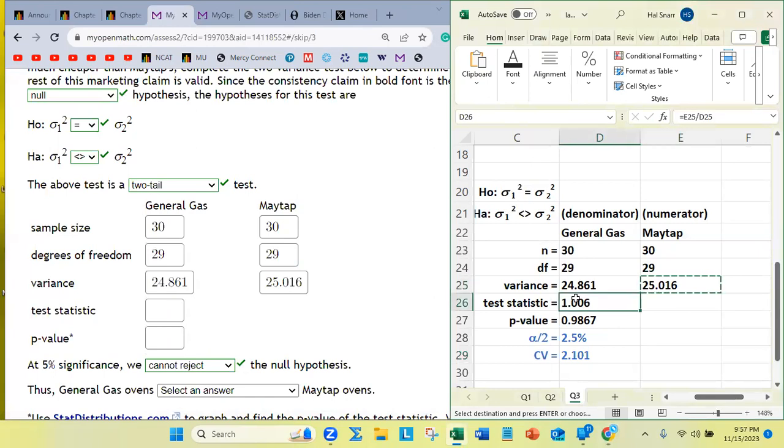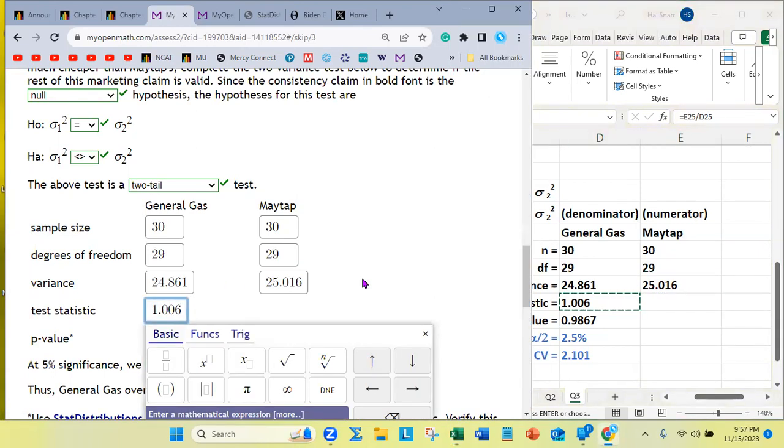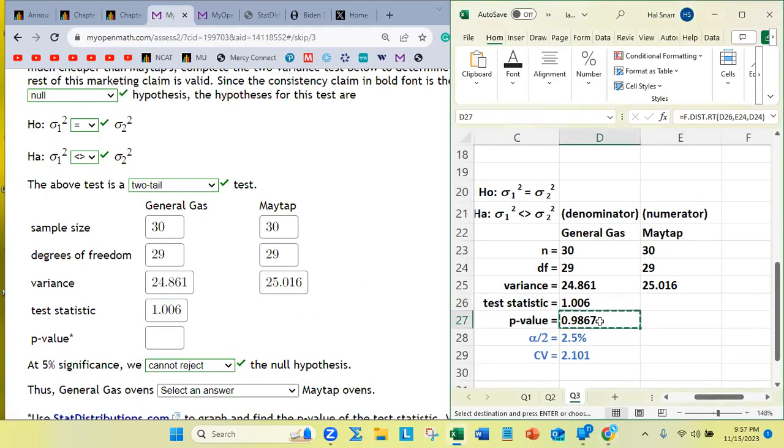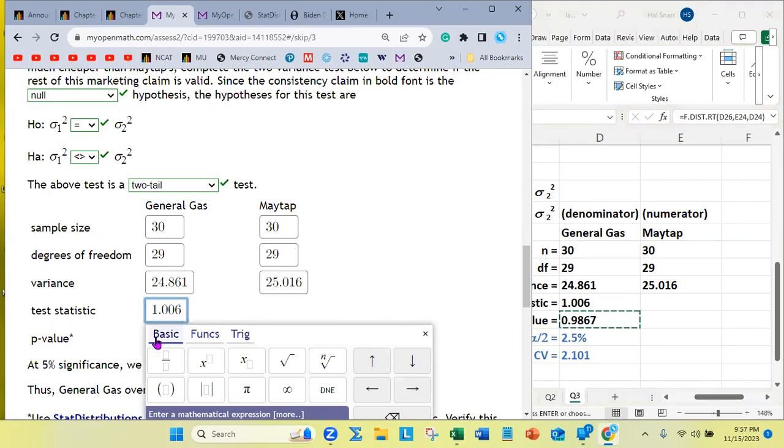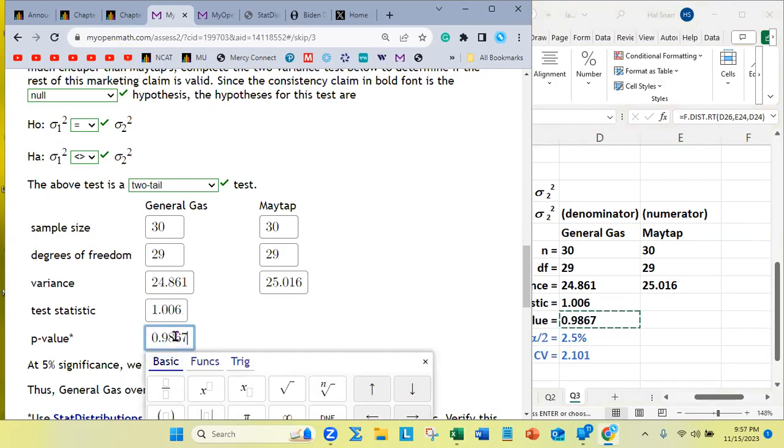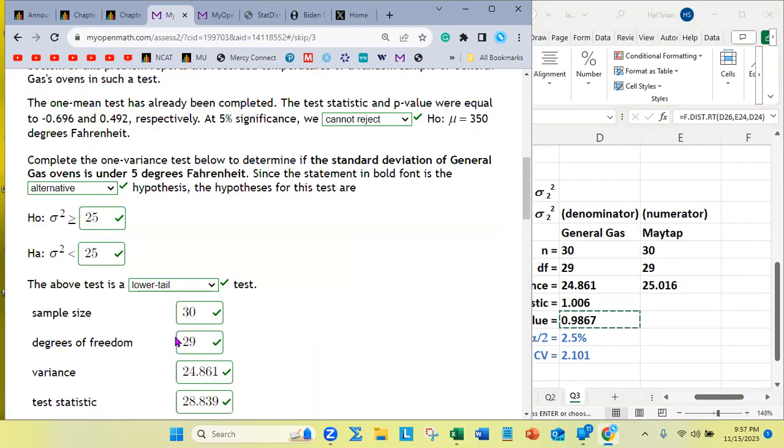The ratio of those two, the bigger one divided by the smaller one, was slightly bigger than 1. Again, a small difference in Maytag and General Gas variances means their ratio is going to be really close to 1, and it is really close to 1. The p-value is 0.9867 in my problem. Okay. Go ahead and hit enter.